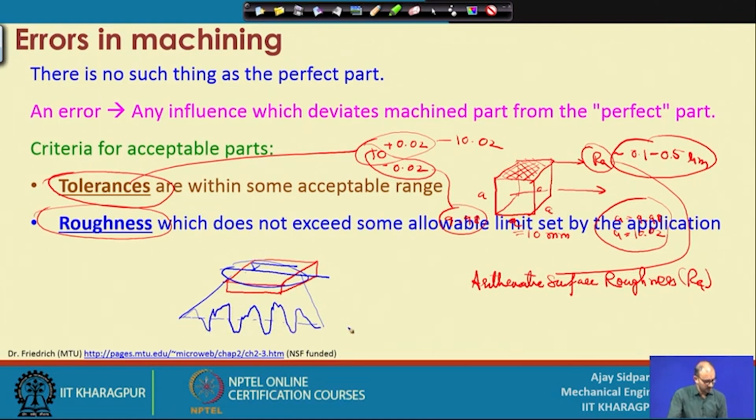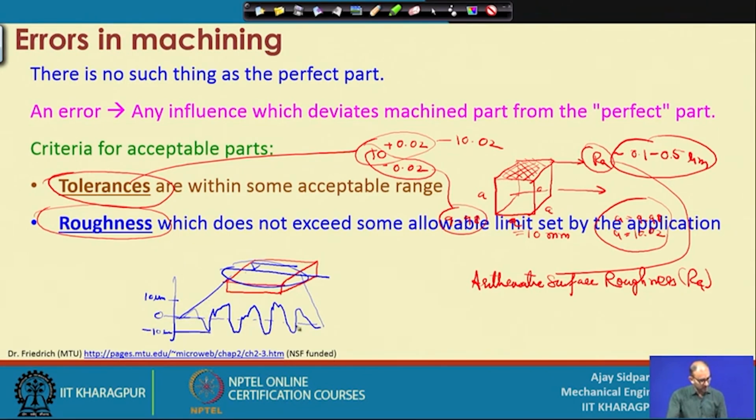This is called the surface roughness. This will be 0 and here it will be 10 micron or whatever way it is moving, that means the magnitude or amplitude moving up and down will be considered as the scale or the range on which this roughness varies.